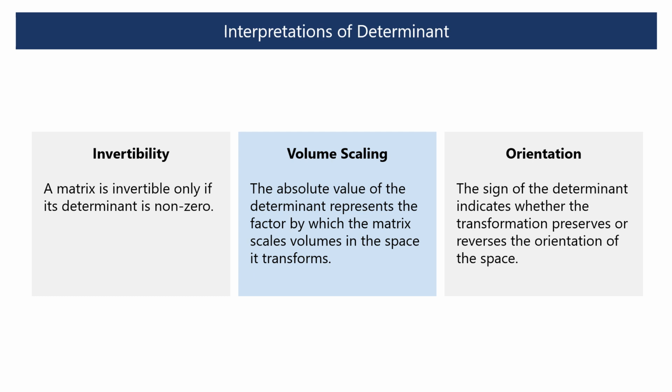The absolute value of the determinant represents the factor by which the matrix scales volumes in the space it transforms. The third is orientation. The sign of the determinant indicates whether the transformation preserves or reverses the orientation of the space.